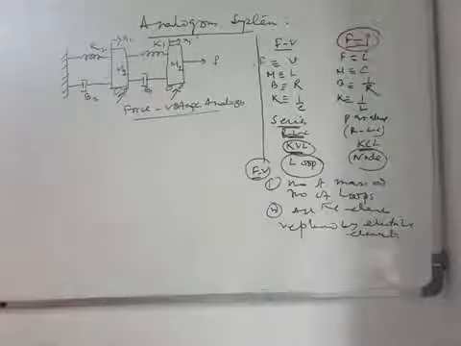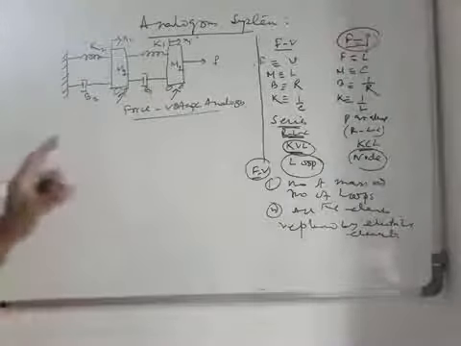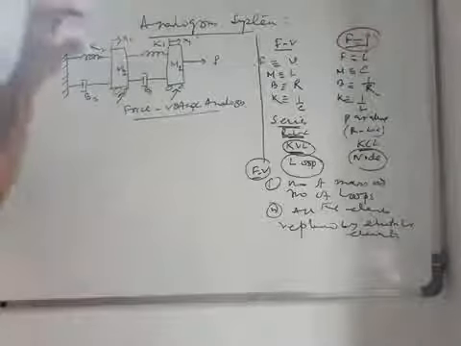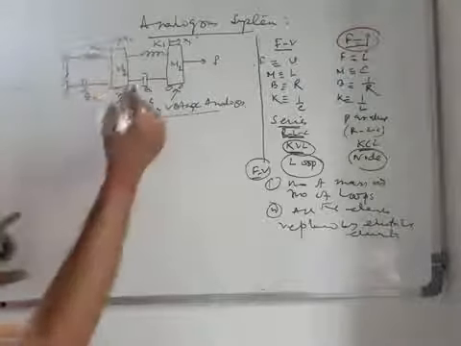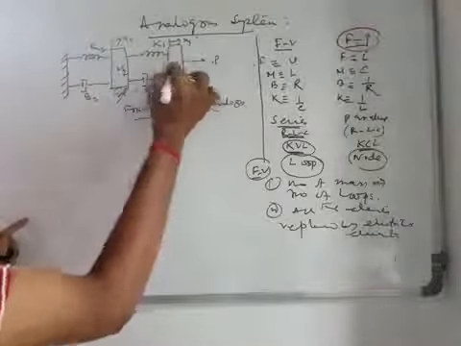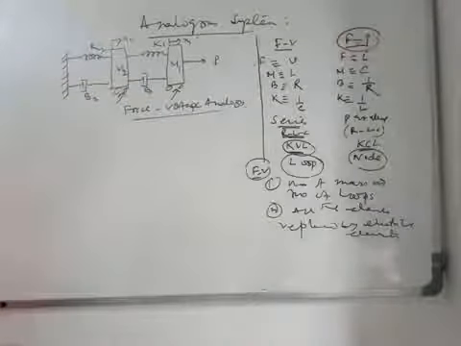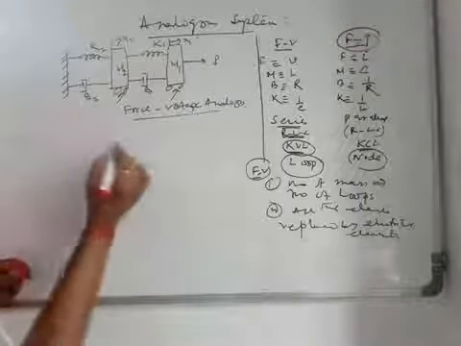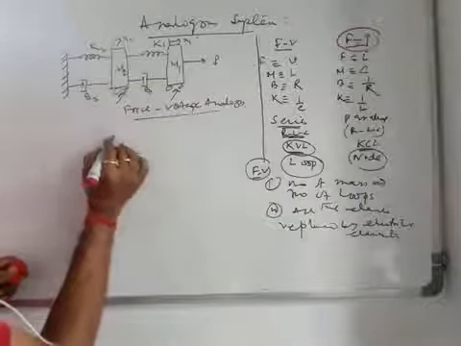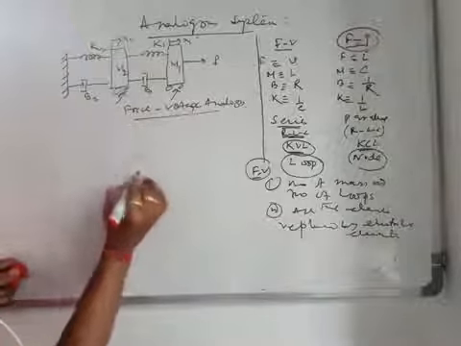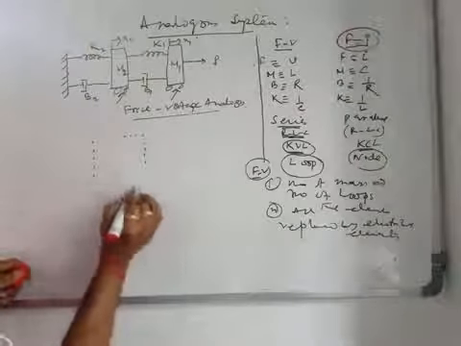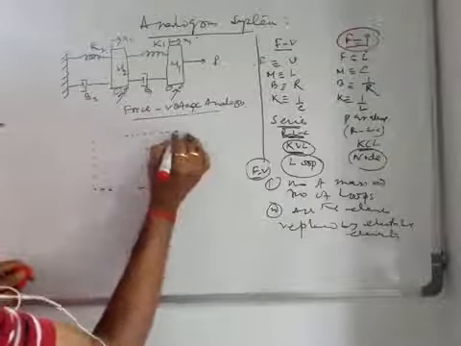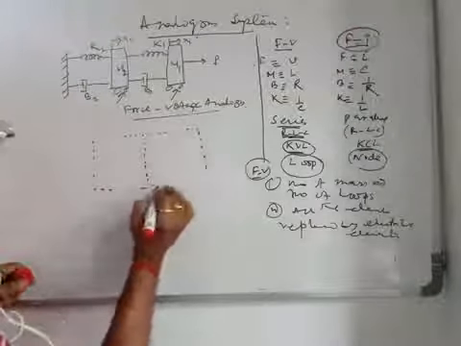Step by step we will see what different kinds of loops we can consider. This is your M1. So M1 and M2 will be the two masses here, and we will definitely get two loops. This is one loop, and another is another loop.